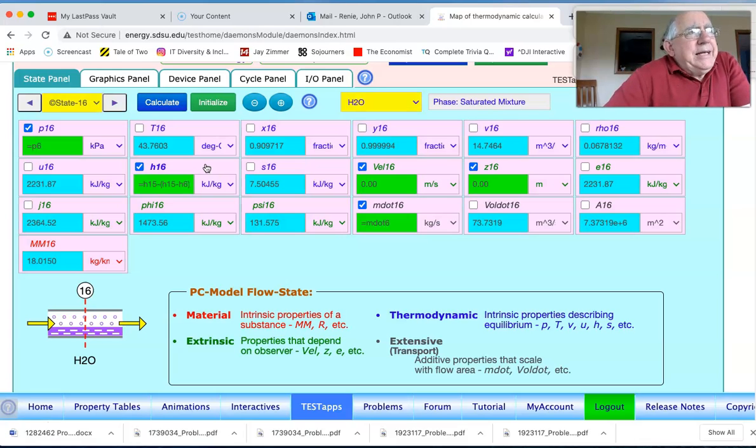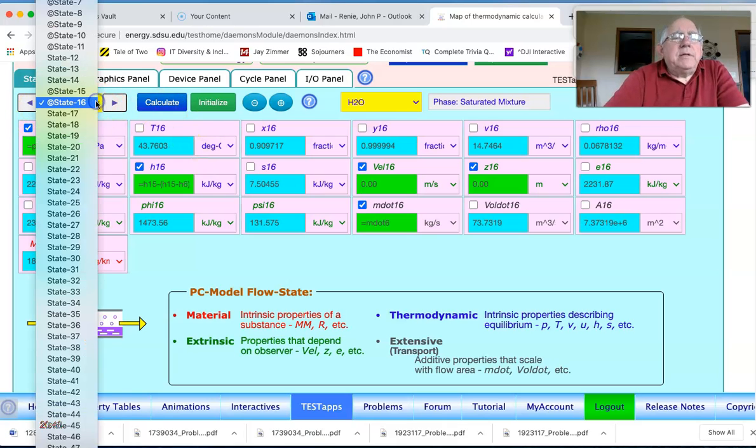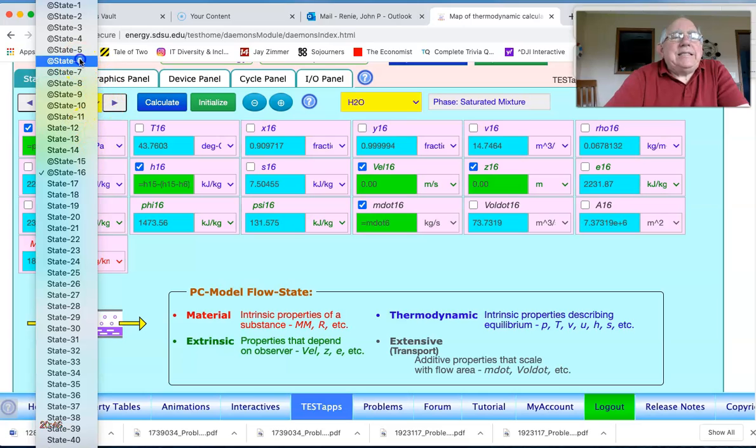Okay, so basically it's what's coming in, what the isentropic condition is coming out, times then 85% of that isentropic work. Now, putting that in, again, we have to say, have we calculated state 6 correctly? And so the answer is no, we haven't. And so we need to go back to state 6.